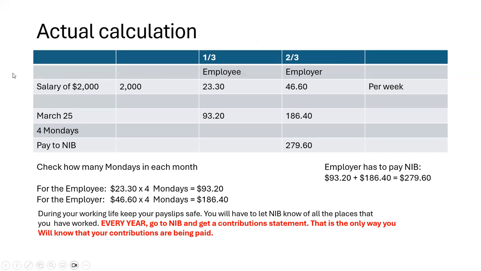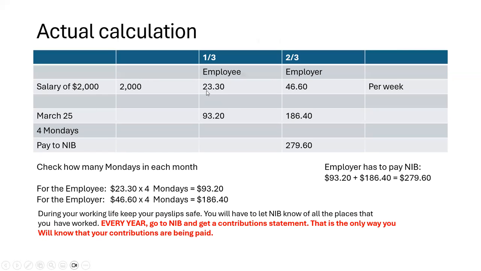I took a lesser figure of a salary of $2,000. So, as you will see, as at March 25th, which is the last Monday in March of this month, there are 4 Mondays.